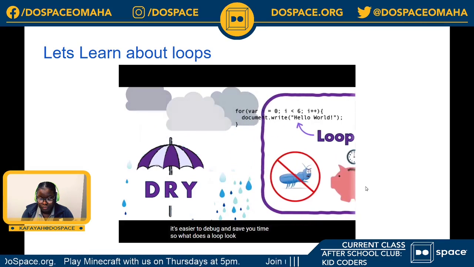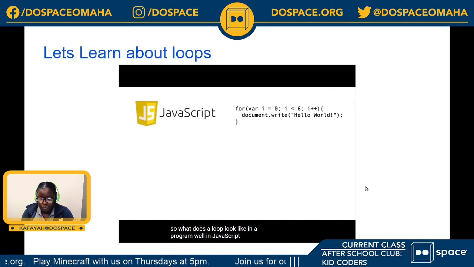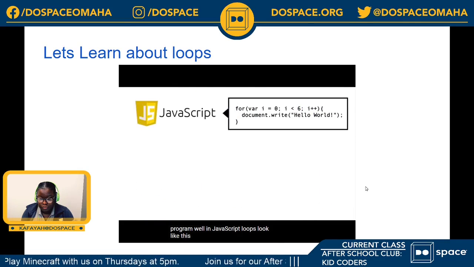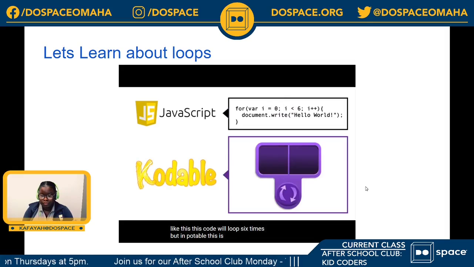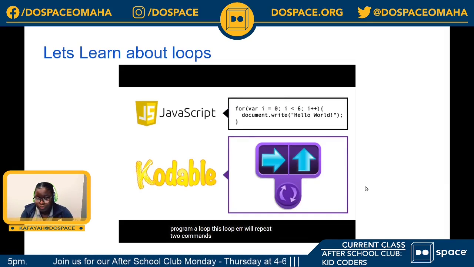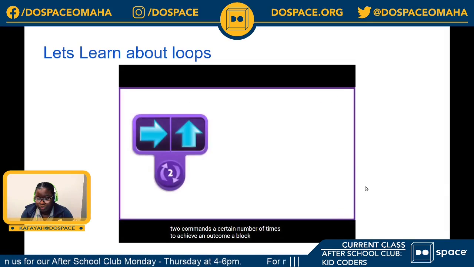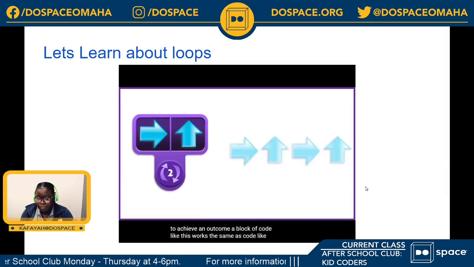So what does a loop look like in a program? Well, in JavaScript, loops look like this. This code will loop 6 times. But in Codable, this is what we use to program a loop. This looper will repeat 2 commands a certain number of times to achieve an outcome. A block of code like this works the same as code like this.